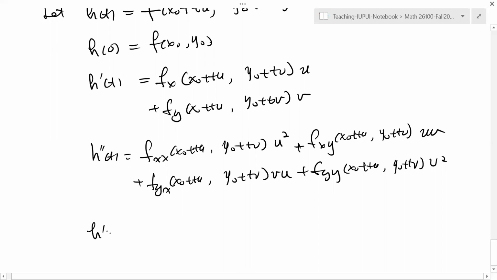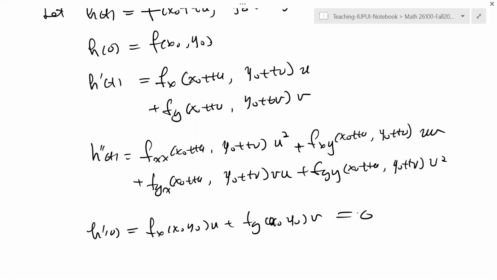Then I also look at what this is. So when I plug 0 for t into the above formula, I get 0. We already assumed that. So t equals 0 is a critical point for the function h.